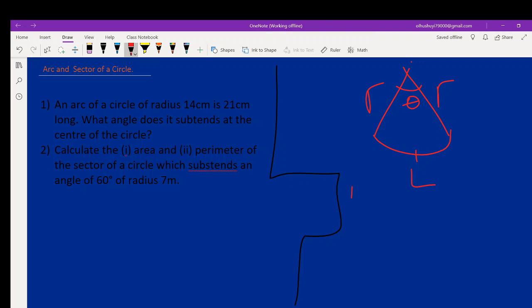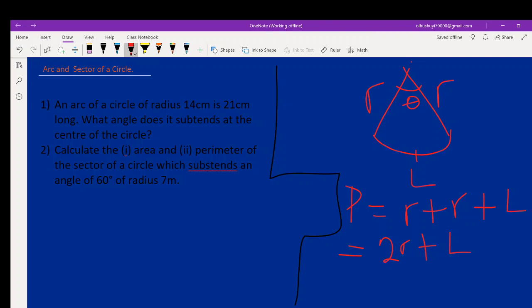So the perimeter equals R plus R plus the length of arc, that is 2R plus the length of arc.